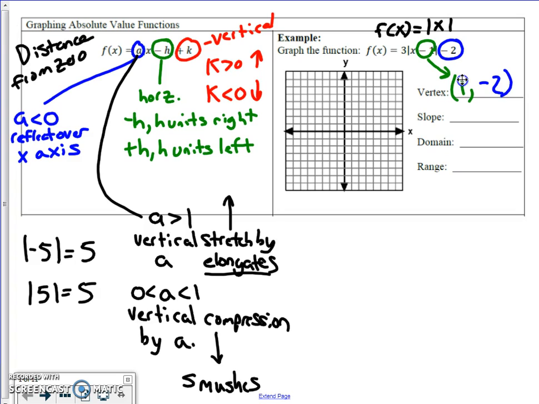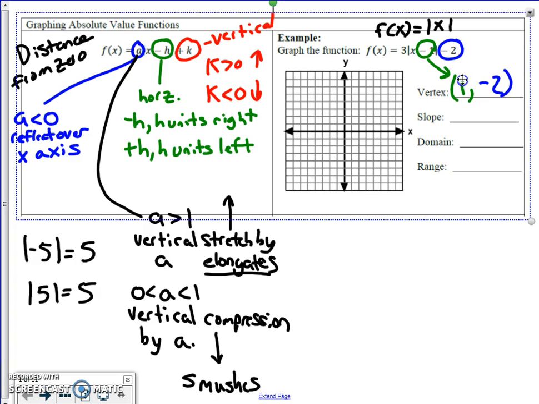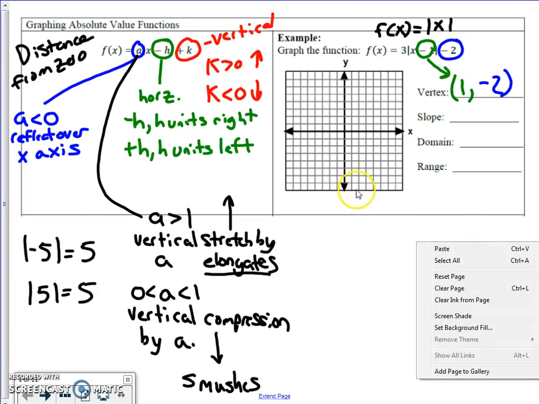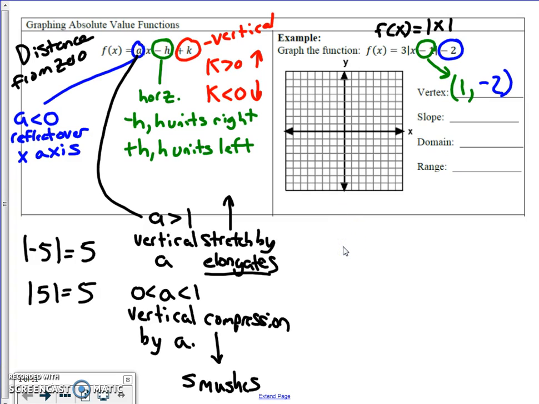So we're just going to take the opposite sign of what's in the absolute value brackets and the same sign of my k value. So it's opposite h, k is basically what we'd be looking at. My slope is just going to be my a value here. So my slope would be 3 over 1.